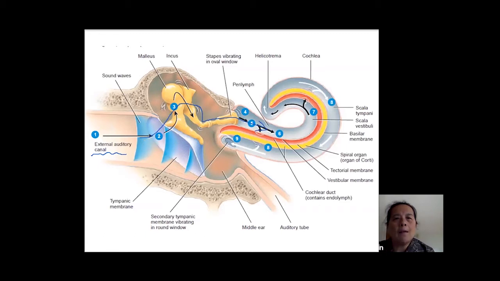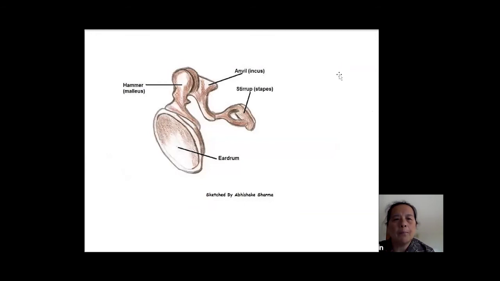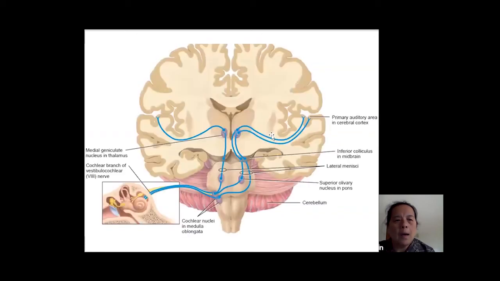So that's basically the transmission of sound waves. The three small bones are connected to each other and make the vibrations bigger and bigger. And finally, the sound goes through cranial nerve number 8, transmitting to the inside of the brain.